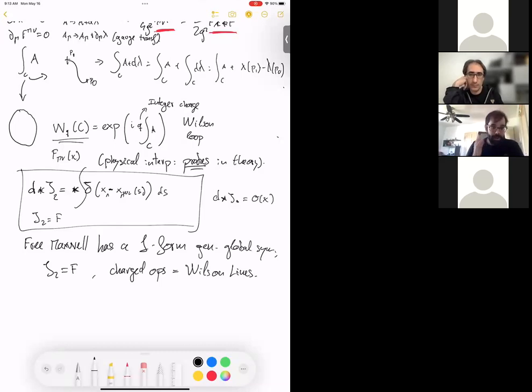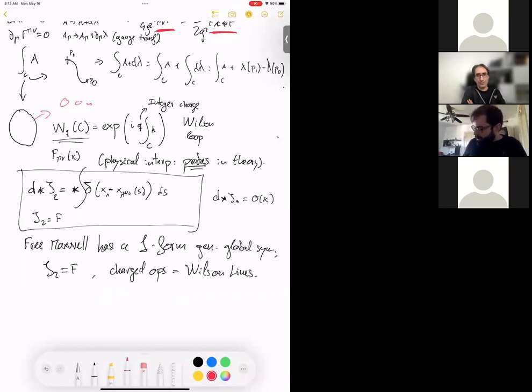Absolutely. Okay, very good. This is a great point. Thanks for asking this. So you're saying, okay, fine, you want to say this is some non-local version of the global symmetry, but then I draw a closed loop. So can't I just always shrink this loop to a point? If I can get rid of things, how is it conserved, right?